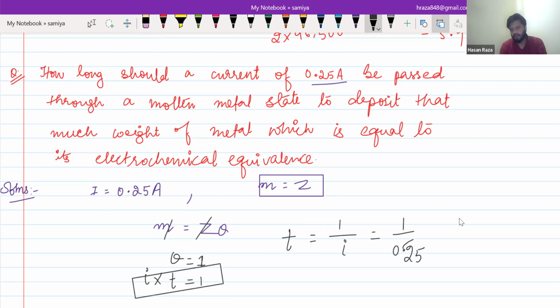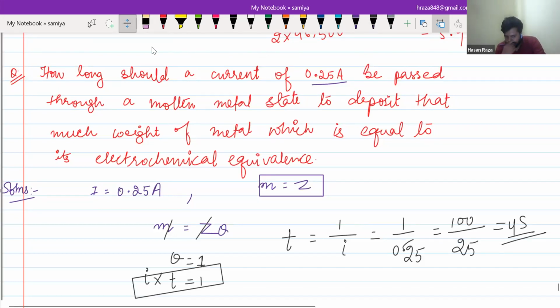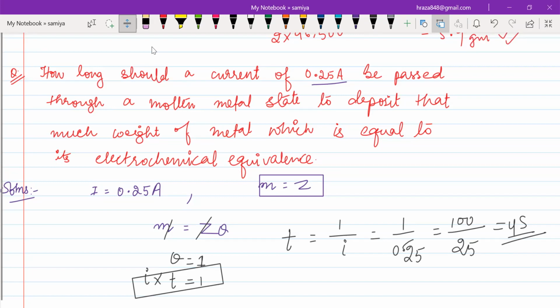If you remove the decimal, you will get 100 in the numerator, and the answer is 4 seconds. Yes or no? Yes, sir. Please write it.